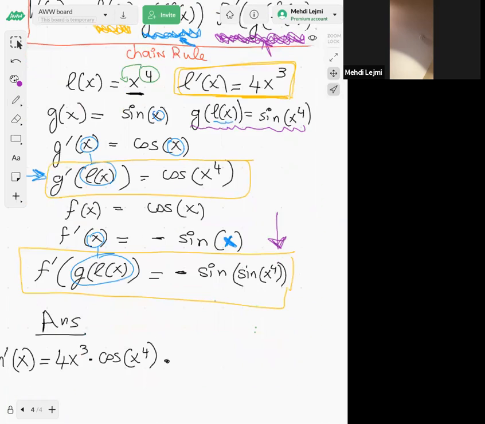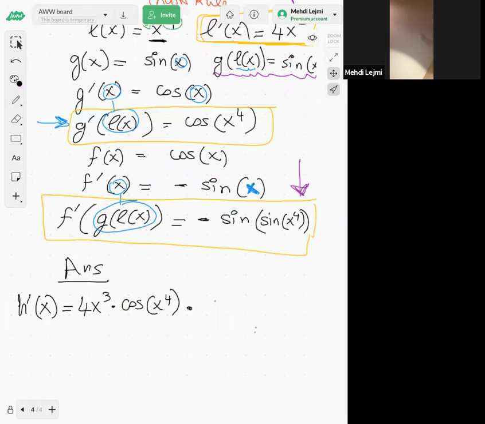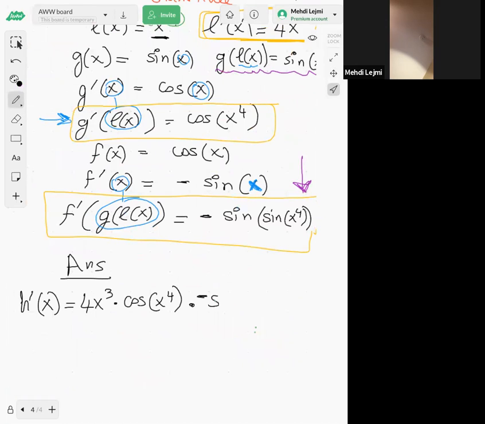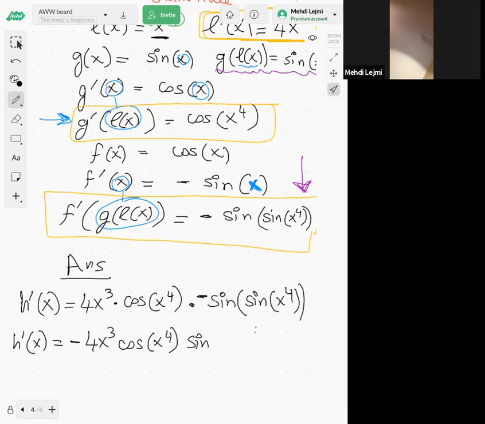So times minus sine of x fourth, right? In other words, I'm going to put the minus in the front. So h prime of x is actually minus 4x cubed cosine x fourth sine of x fourth, right? So that's a fine answer.